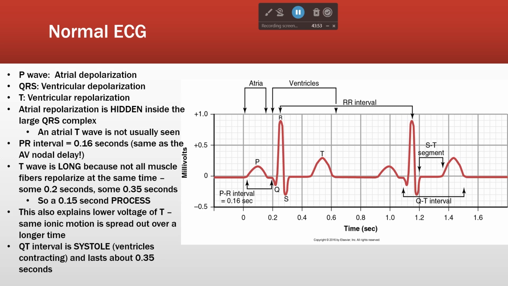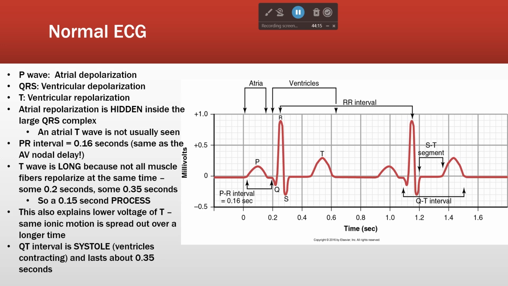It's happening at the same time as something much bigger, ventricular depolarization. So atrial repolarization is hidden inside the large QRS complex. The PR interval is approximately the same as the AV nodal delay. So that's explaining that bit.